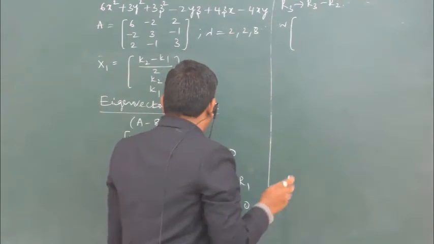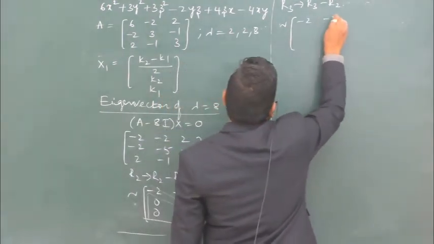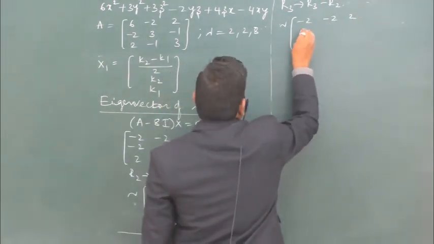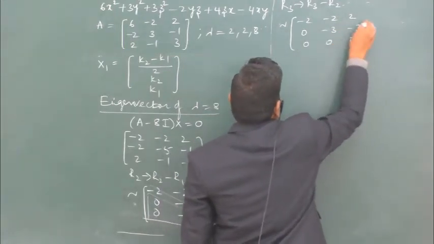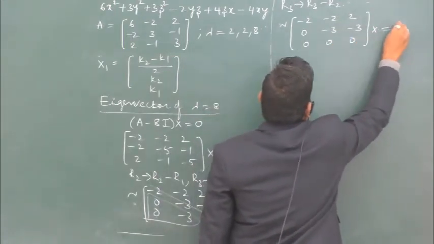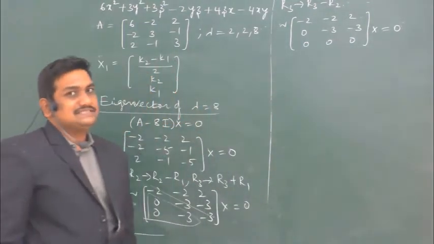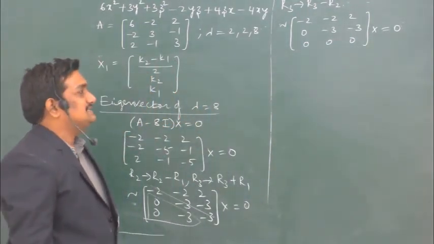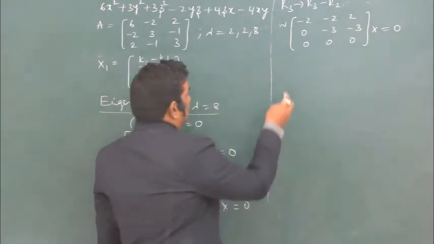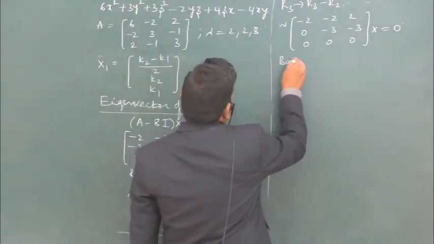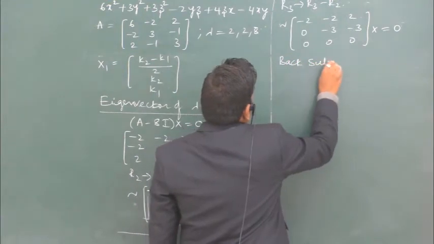It will be minus 2, 2, 0, minus 3, 0, 0, 0, into capital X equals null matrix. Now it is in echelon form. Then apply back substitution.